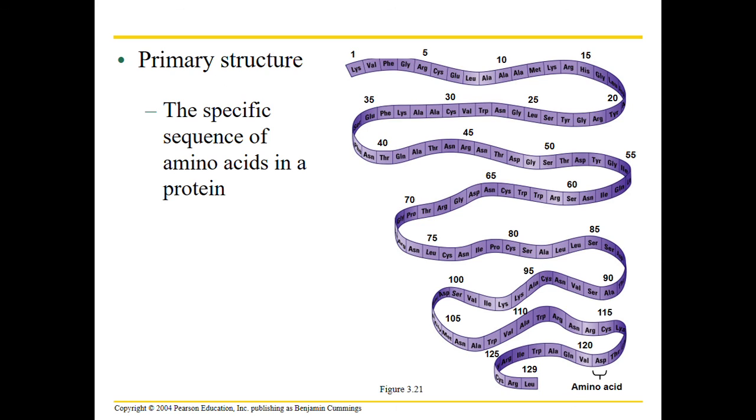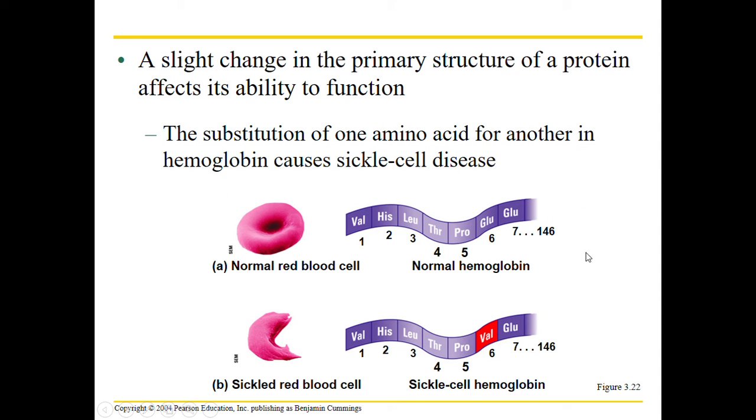So there is a reason for that specific sequence of amino acids. So each of these is a different type of amino acid. If one amino acid is wrong in a chain, you can get different diseases.